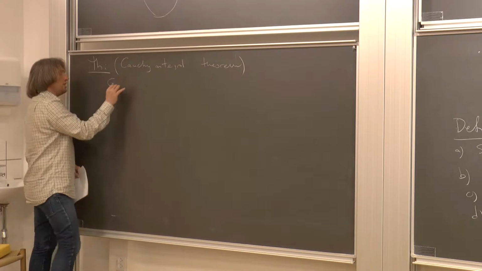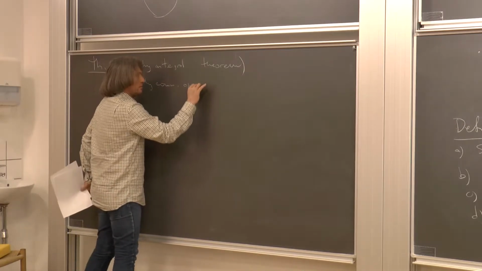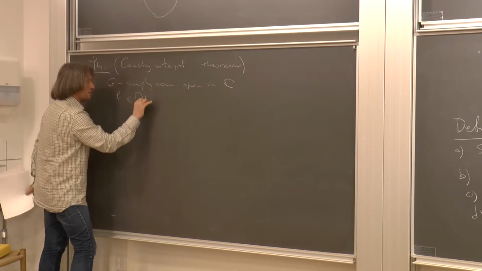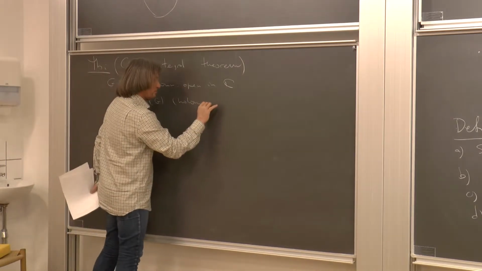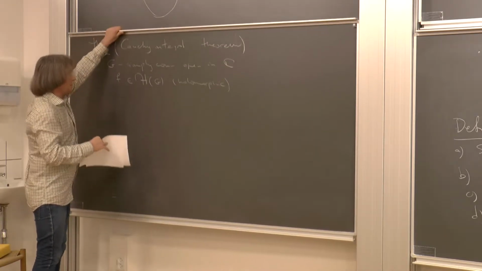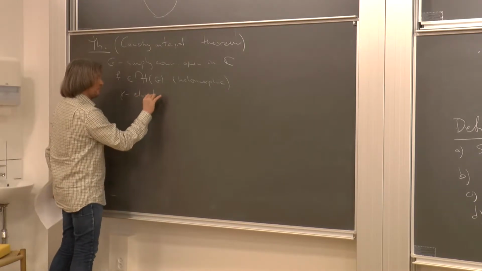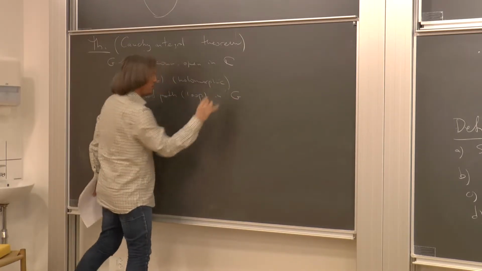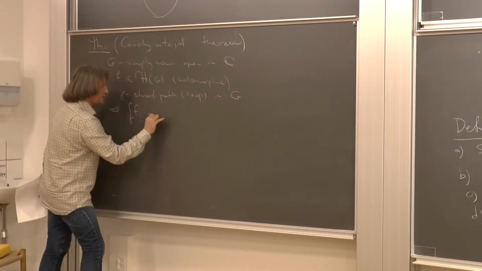So we fix G simply connected, open in C, and f is holomorphic in G. Then, if gamma is a closed path, so a loop, in G, it follows that the integral over gamma of f is 0.